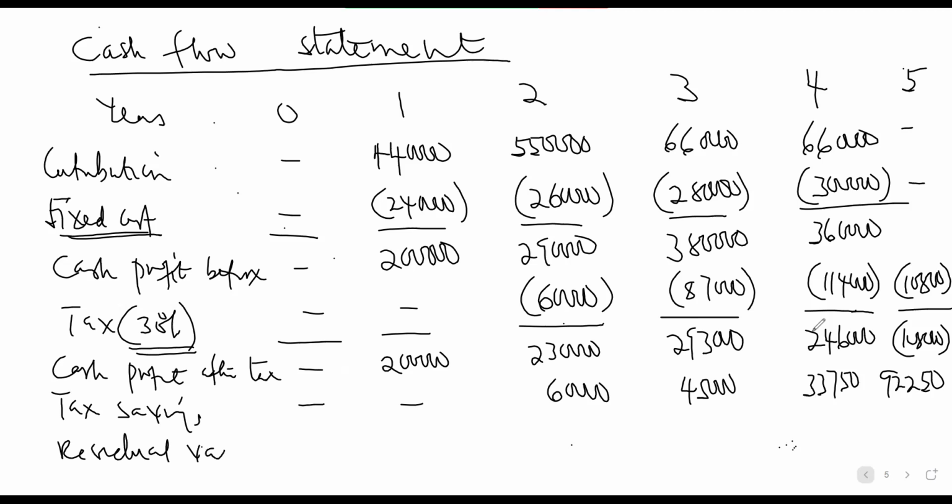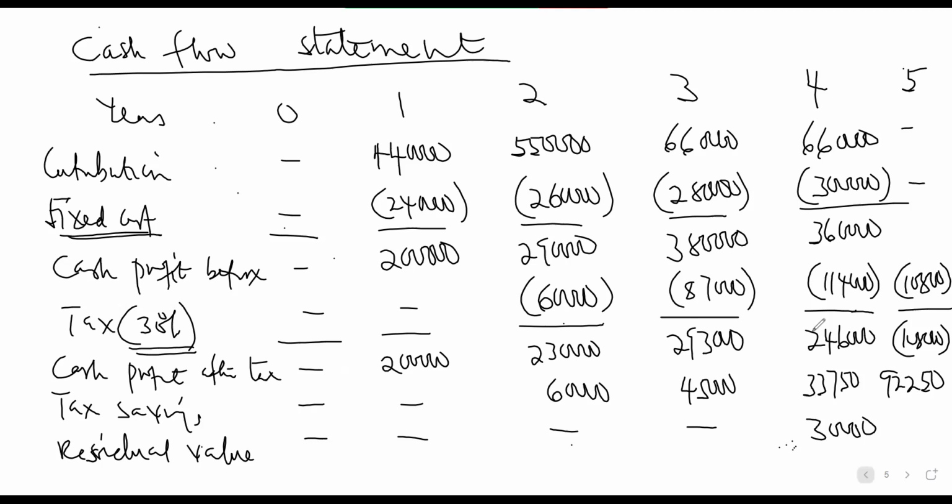What is the residual? The last year, which is year 4. The 92,250, is it supposed to go under year 5 or year 4?